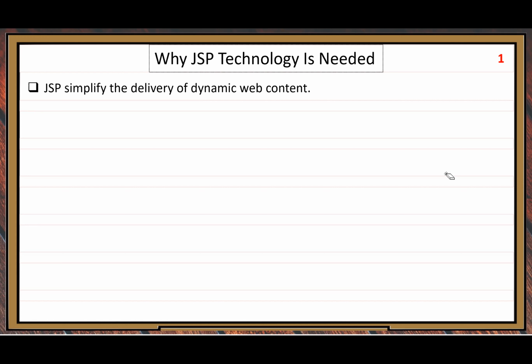Web Java, the server technology, was created approximately in 1998, a few years after Java was created. Then JSP was created a few years after that, not too long, two or three years after Servlet was created.